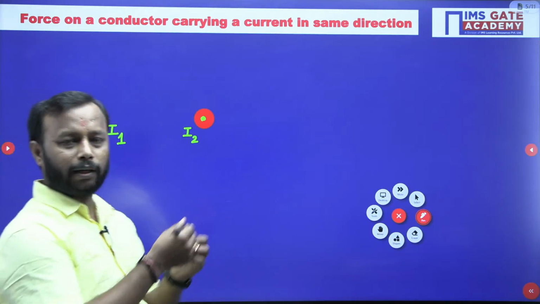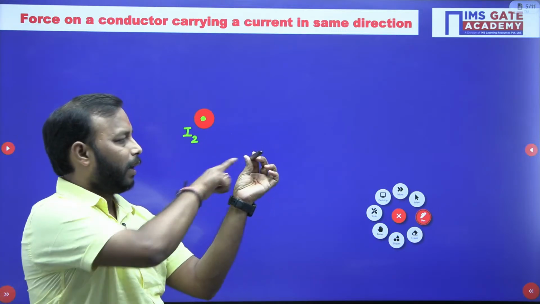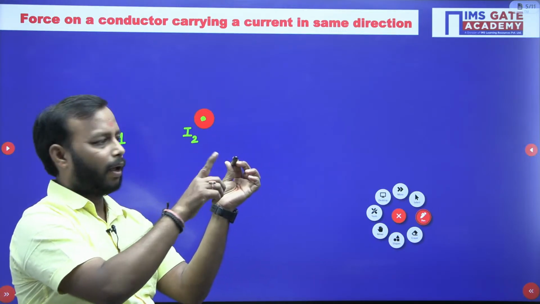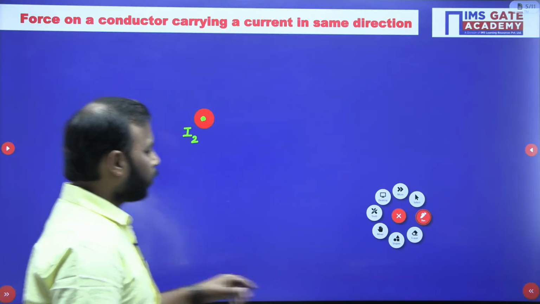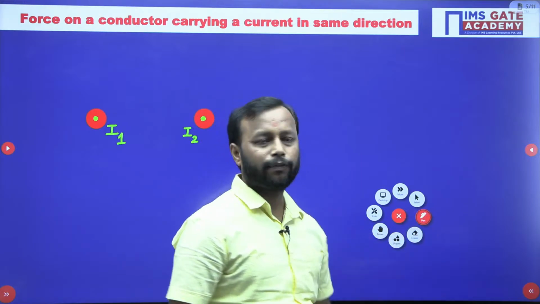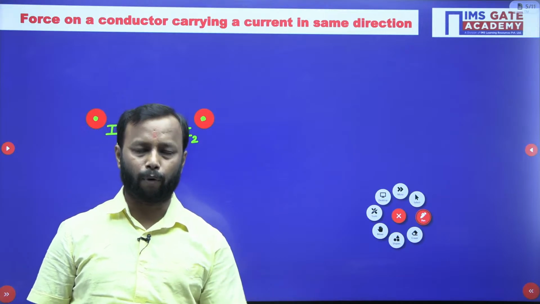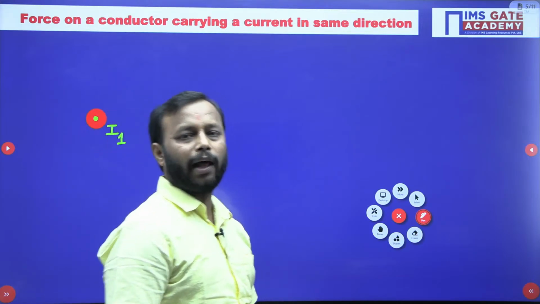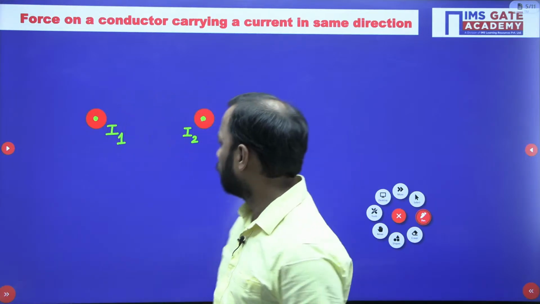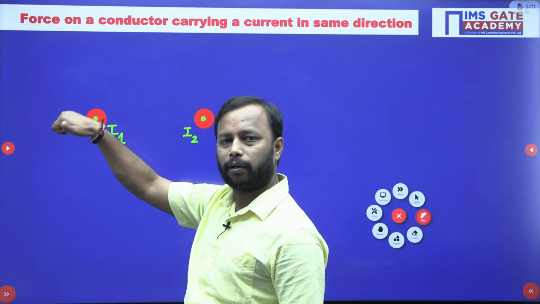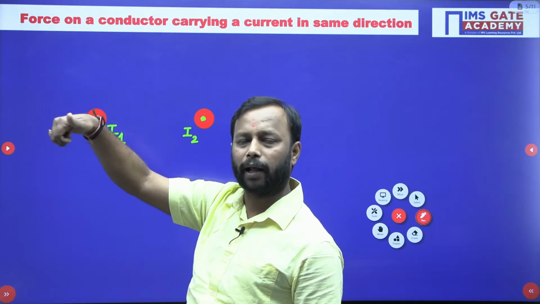These two conductors are placed horizontally, the length is infinite, and the current is coming towards you. Whenever a current flows in a conductor, it produces a magnetic field, and the direction is given by Fleming's right hand palm rule that we discussed in lecture 1. The current is outward, so the forefinger is curled around the direction of the magnetic field.